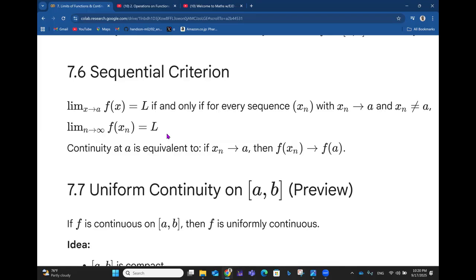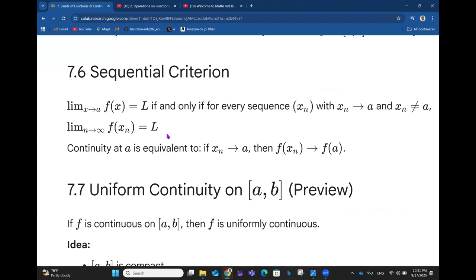So in essence, we are saying that the function f of x has a limit if and only if the sequence f of xn, as n goes to infinity, also has a limit.